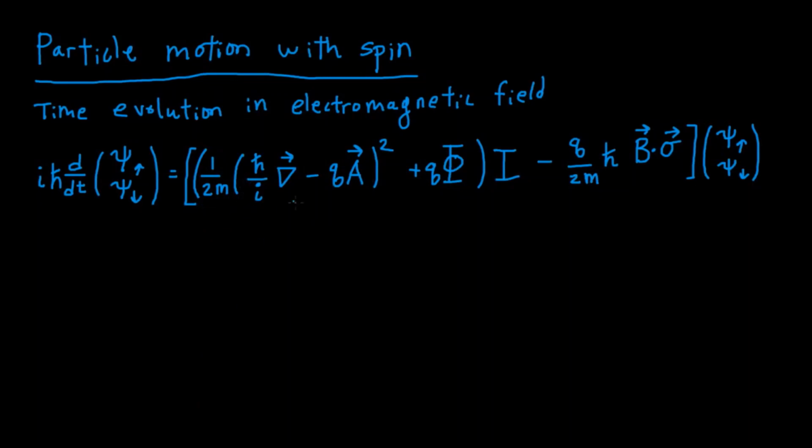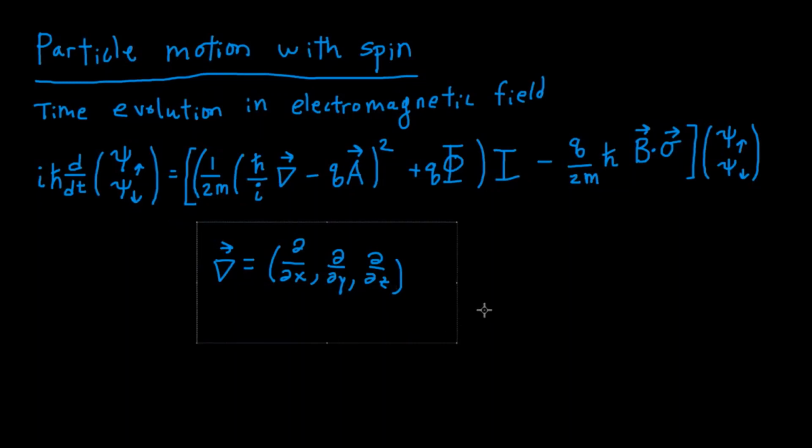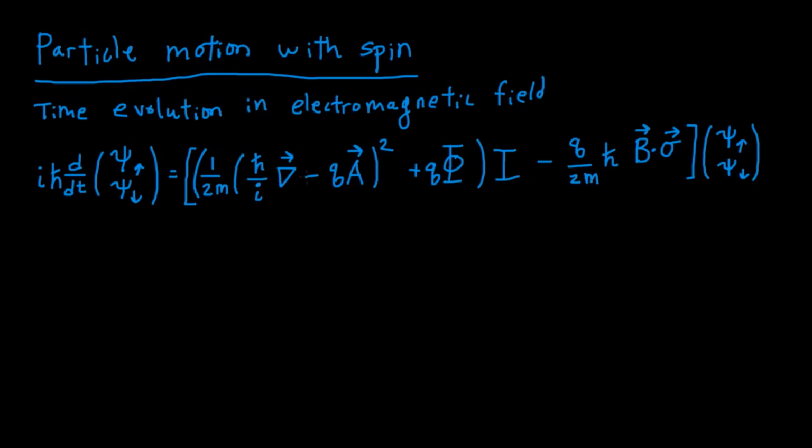Then we've got h bar over i times del, where del is just this vector with components of partial derivatives in the x, y, and z directions, right? And then we've got minus q, where q is the charge of the particle, times A.